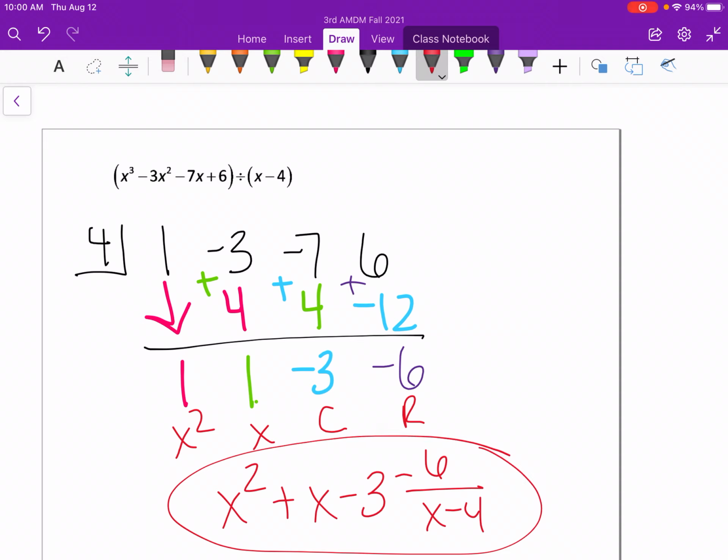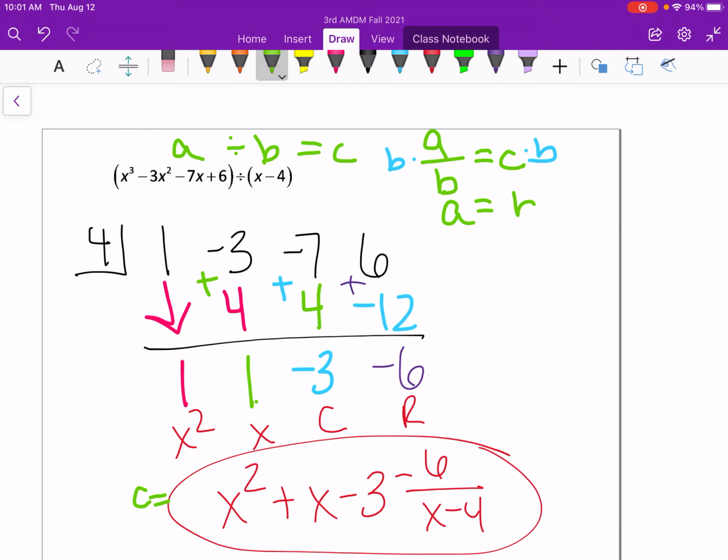Now, if you wanted to check your answer, which I would highly encourage, let me write it in another way. I've taken A and divided it by B, and I got C. So in another way, that would be A divided by B equals C. I could multiply both sides by B, and I would get that A is equal to B times C. So what does that mean?